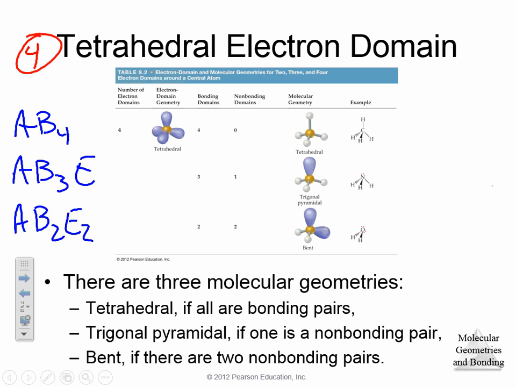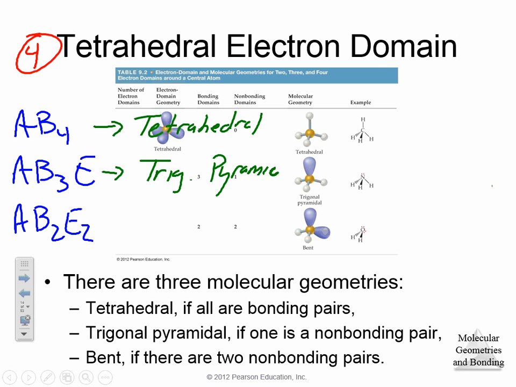And the names for each of those: AB4 is tetrahedral, AB3E is trigonal pyramidal, and AB2E2 is bent.